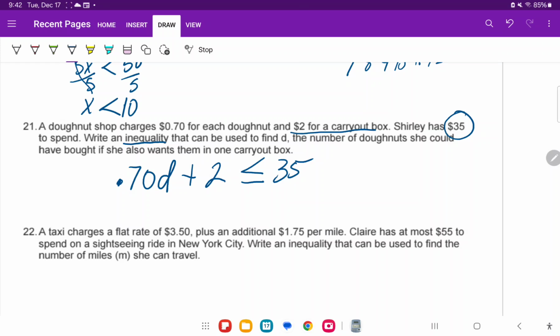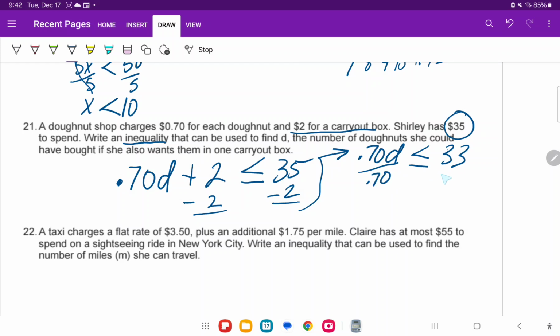Okay. So to solve this, we're going to subtract 2 like this. So that's going to be 0.70D is less than or equal to 33. All right. So then we would divide by our 0.70.